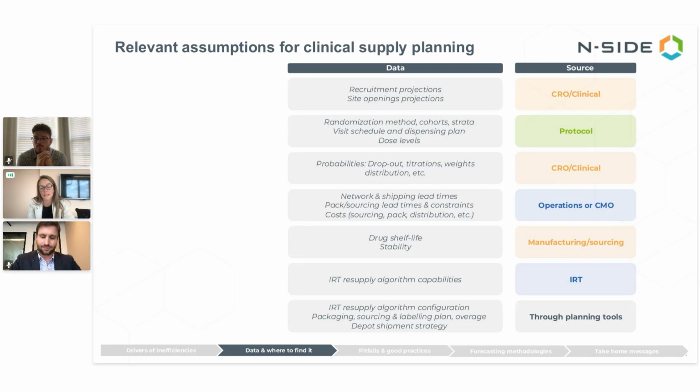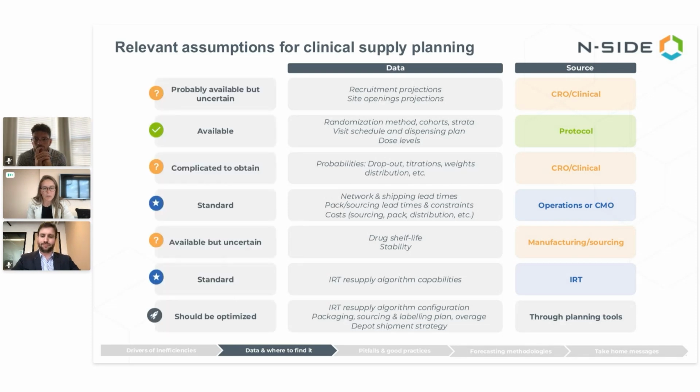But in the end, from our observation from the past, we know that most of this data is actually available at the early stage. For example, data coming from IoT and CMOs, everything related to IoT and network, is usually standard to the organization. So you don't have to reinvent the wheel. You can find this back and ask CMOs and IoT for the information.